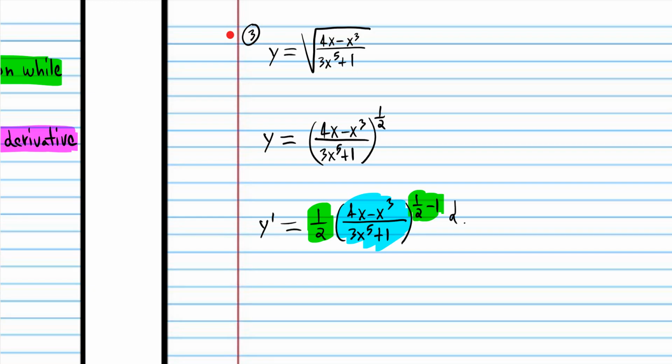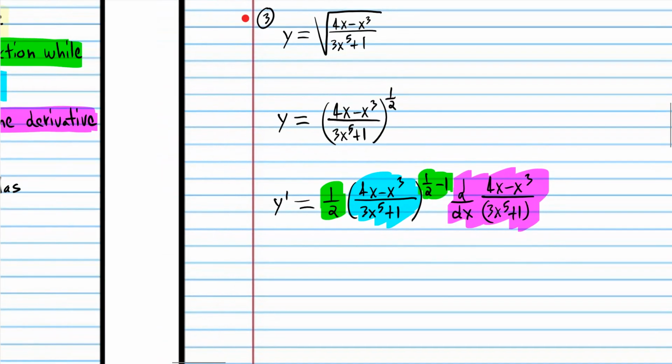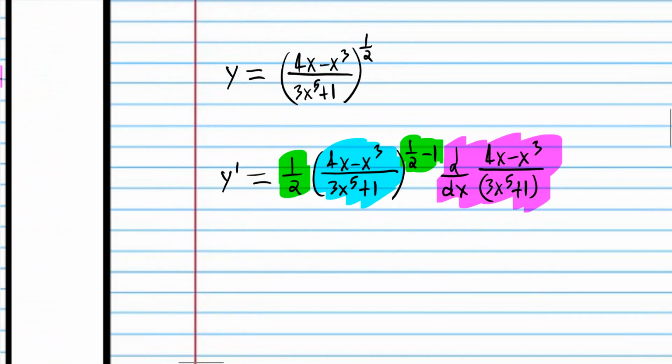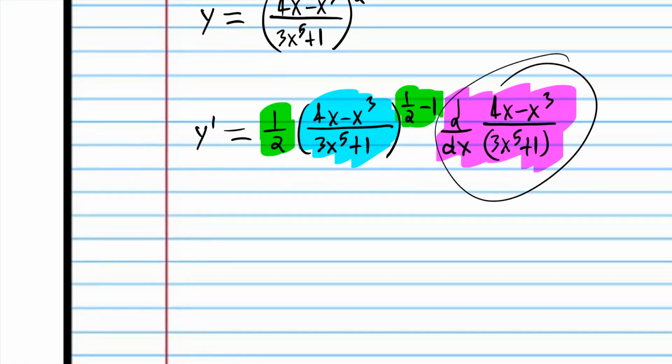And then we're going to multiply all that by the derivative of the inside function. So that is the chain rule. But when we use the chain rule in this problem, we see that we have to use the quotient rule when we multiply by the derivative of the inside function.